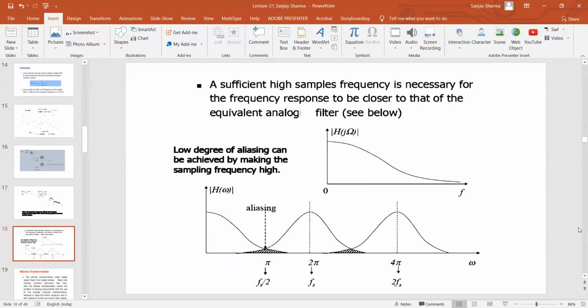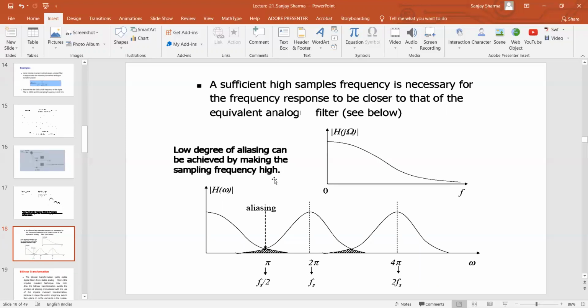This has to be understood. A sufficiently high sampling frequency is necessary for the frequency response to be close to that of the equivalent analog filter. A low degree of aliasing can be achieved by making the sampling frequency high. So it all ultimately comes to the selection of the sampling frequency.